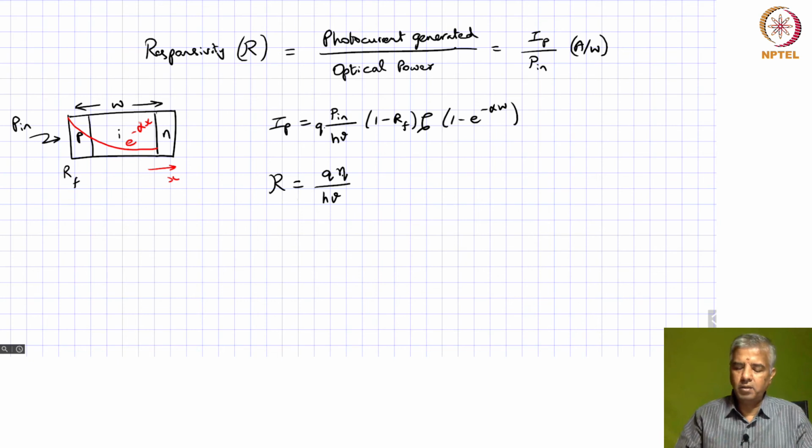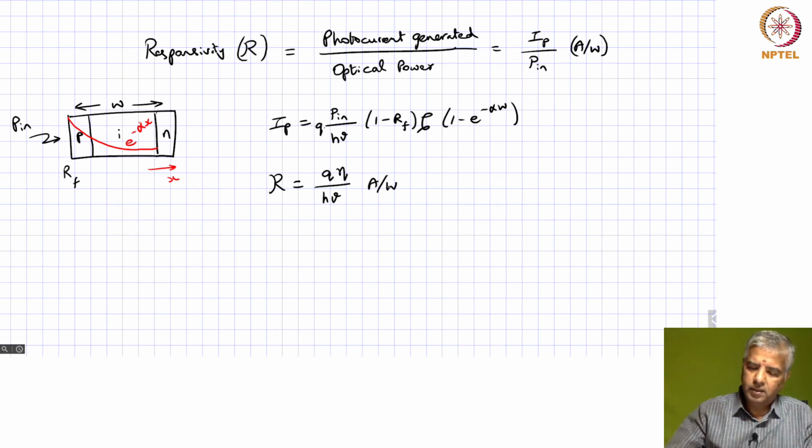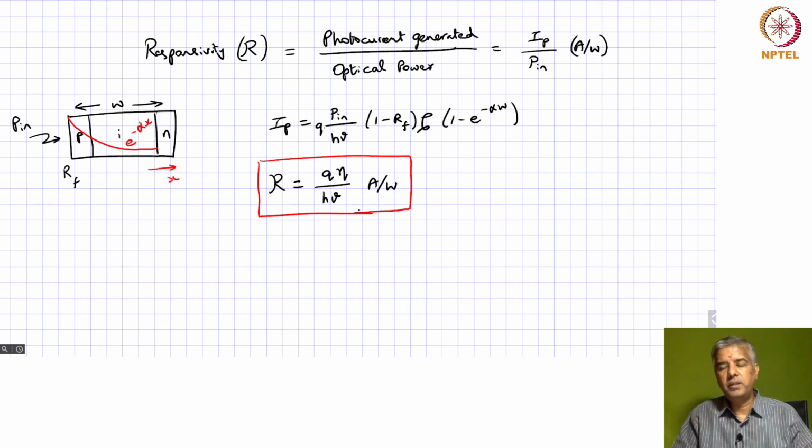Then eta is going to be low because of W being low, and your overall responsivity, expressed in amps per watt, is going to be relatively lower. So that is the trade-off you have as far as photodiodes are concerned. If you want faster response, you get lower responsivity.